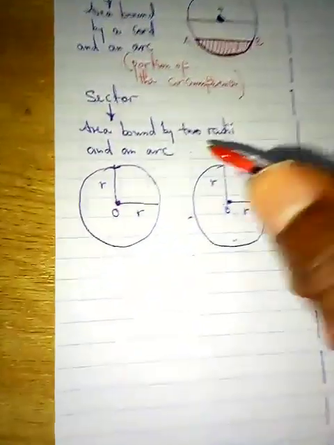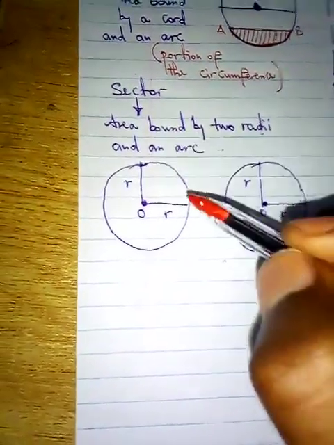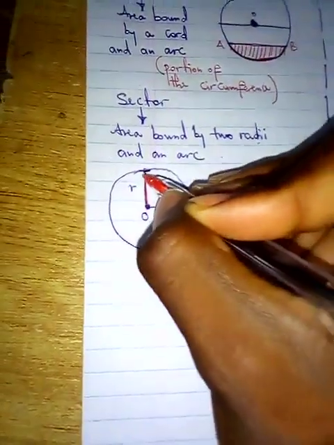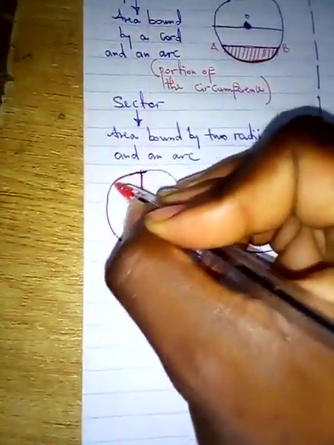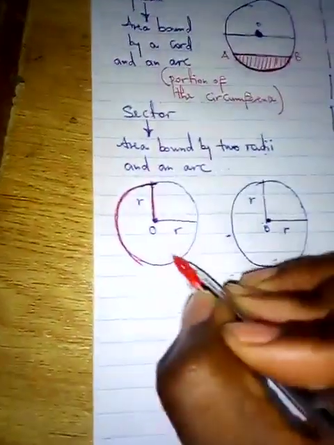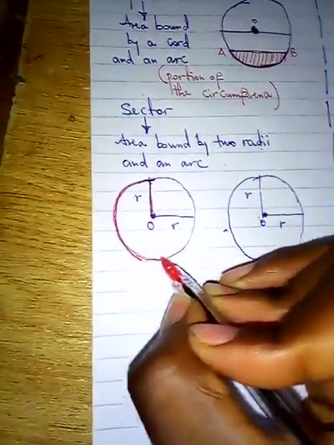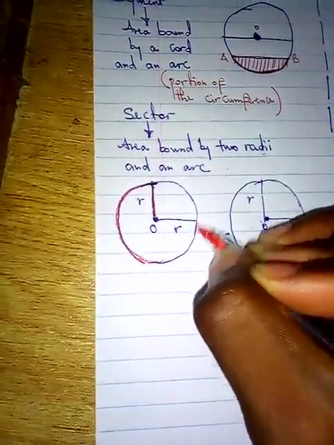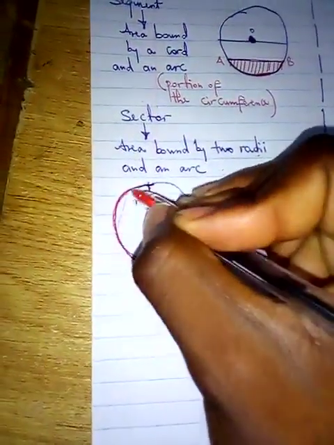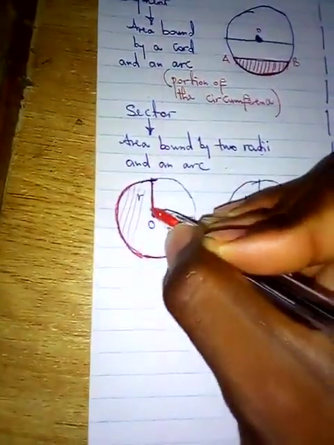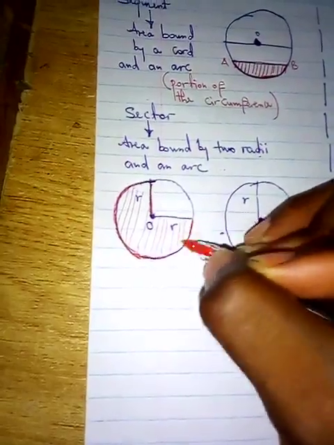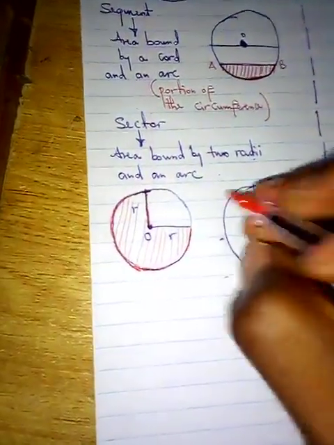So, what you need to know now is this. If I was only looking for this part of the circle, this one here, this part here is going to be termed as a sector.